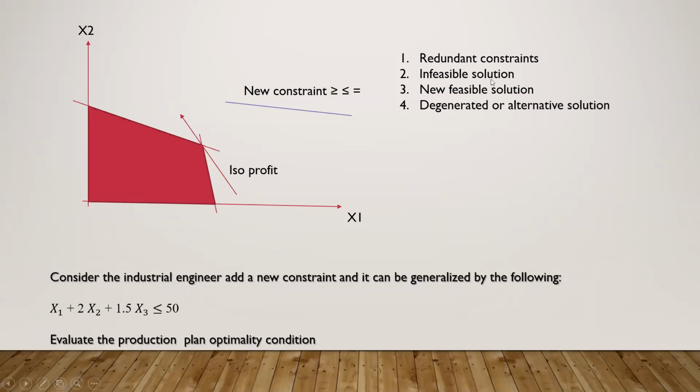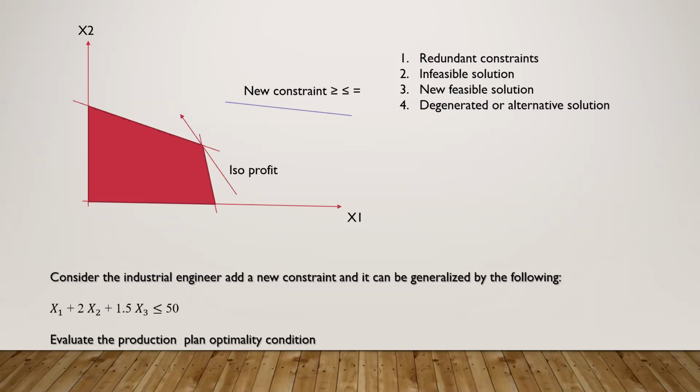Maybe it will be infeasible. So it might be creating a new feasible solution, or degenerate, or alternative. So it will not miss one of these four options. So let's say you have considered reevaluating your function, and the answer should remain or change.